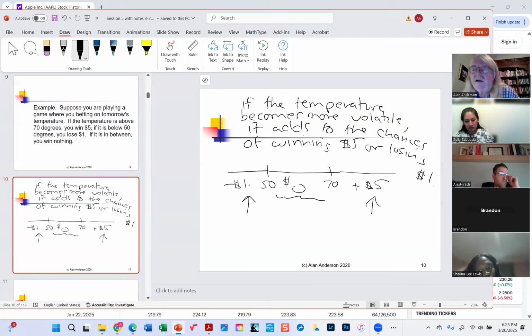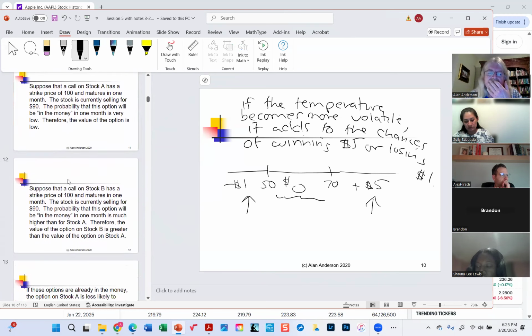So that means that on balance, you should be benefiting from this. The last thing in the world you want is for the temperature to stay very stable between 50 and 70, because then you never make any money. So the higher the probability of it moving into either extreme, the more money you're likely to make. And so the volatility is helping us because the upside is higher than the downside. Let's put it that way. All right. I hope that helps understand why volatility is helping the options, because again, of the imbalance between the upside and the downside.